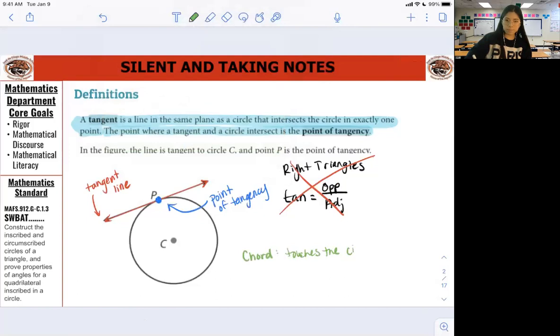Twice. So a chord is different because a chord is going to pass through the circle. Make sense? Cool.